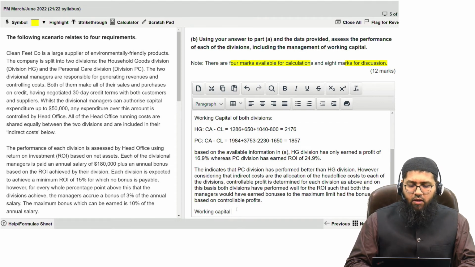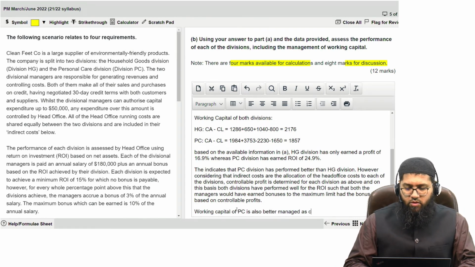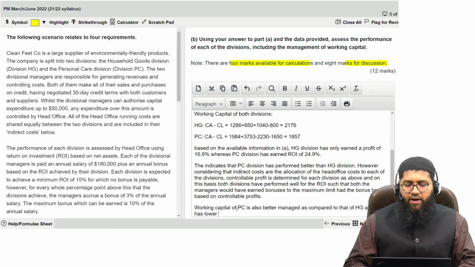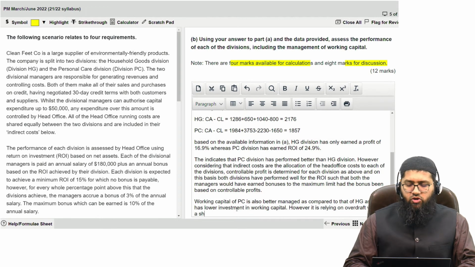The working capital of PC is also better managed as compared to that of HG, as PC has lower investment in working capital. However, it is relying on overdraft, which is a short-term source of finance.